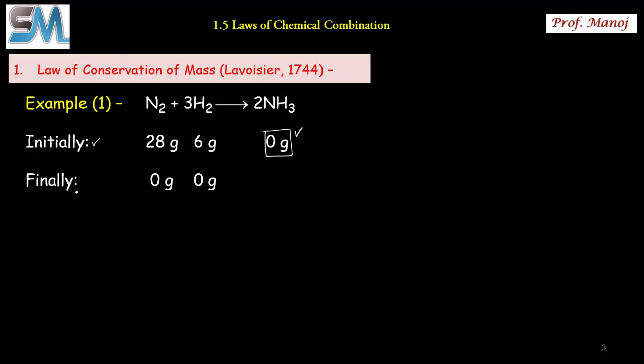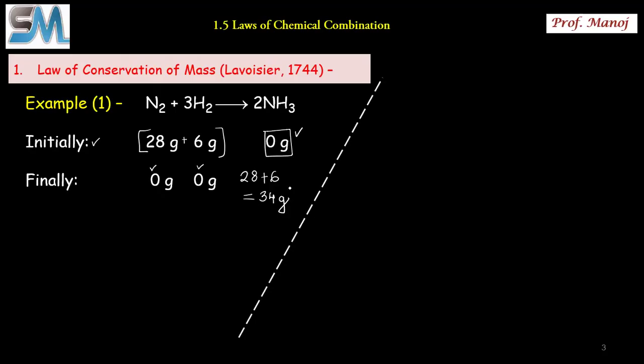Now finally, if they have said that nitrogen and hydrogen have completely reacted, you can see here 0 gram and 0 gram are left. So how much ammonia is produced here? 28 plus 6, that's going to be 34 gram, for the simple reason that the total mass of reactants before is equal to the total mass of products.